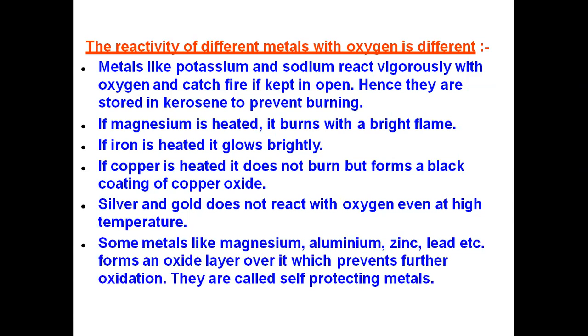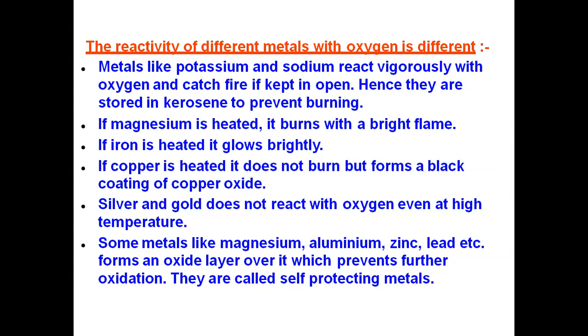The next are some metals like magnesium, aluminium, zinc, and lead, which form an oxide layer over them that prevents further oxidation. When metals like aluminium and magnesium are exposed to air, they readily combine with oxygen and form metal oxide. For example, if aluminium is exposed to oxygen, aluminium oxide will be formed.